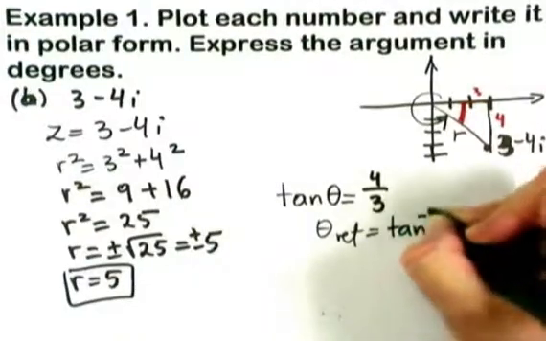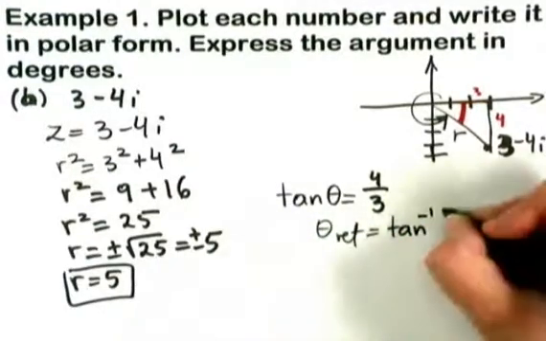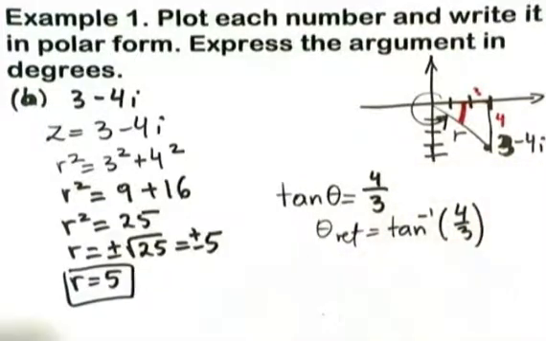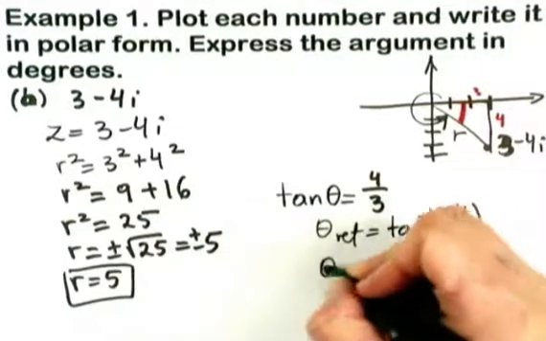Tangent inverse, if I take tangent inverse of both sides, 4/3. Now use your calculator. Make sure you are in degree mode. So when I punch tangent inverse of 4 divided by 3 on the calculator, it gives me 53.1. So we write it to the whole degree.